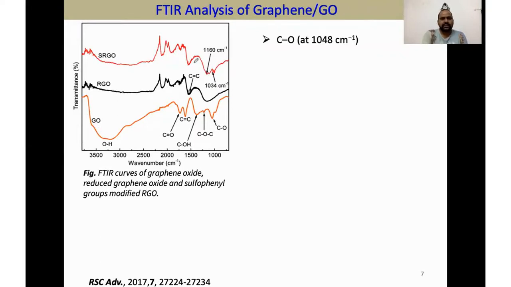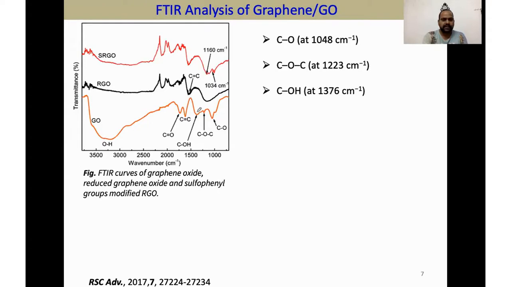We are getting one peak at 1048. This is basically the carbon single bond oxygen, C-O peak. Similarly, the C-O-C peak appears here at 1223. Similarly, C-OH, carbon bonded with OH, is at 1376.